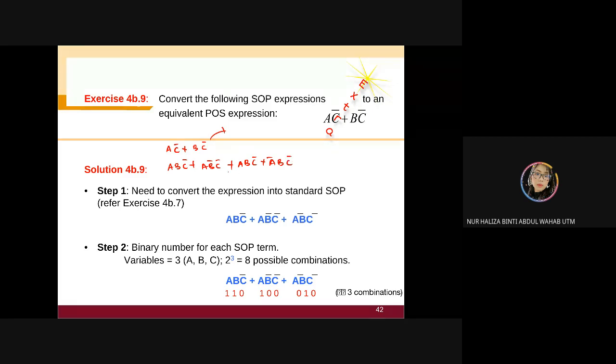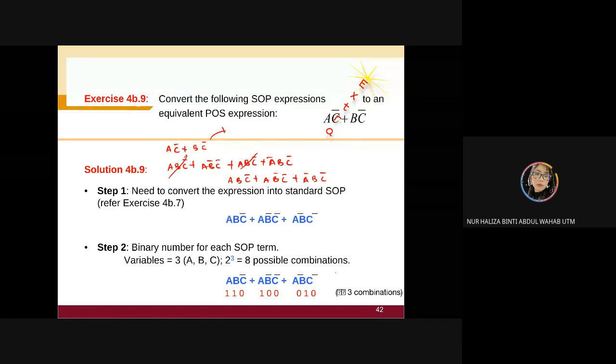Which one is similar? Oh, this one. Just now I wrongly key in the value, I think so. So I will get A, B, C bar. Here I will get A, B, C plus A bar, B, C bar.